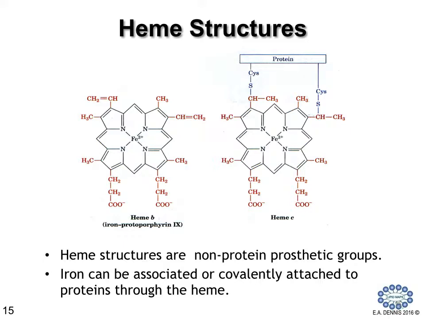Now, this same protoporphyrin, when covalently bound to a protein, is called heme C. And you can see that 2 cysteines through a sulfur linkage are bound to the side chains at 2 positions on the heme backbone. So heme structures are non-protein prosthetic groups on proteins, and they can be either free and just associated non-covalently or covalently attached through proteins as illustrated here.